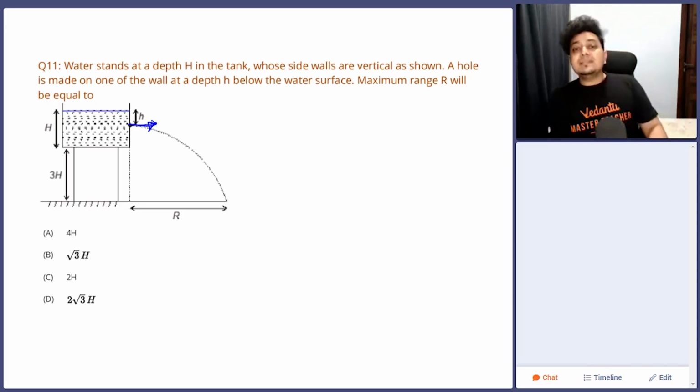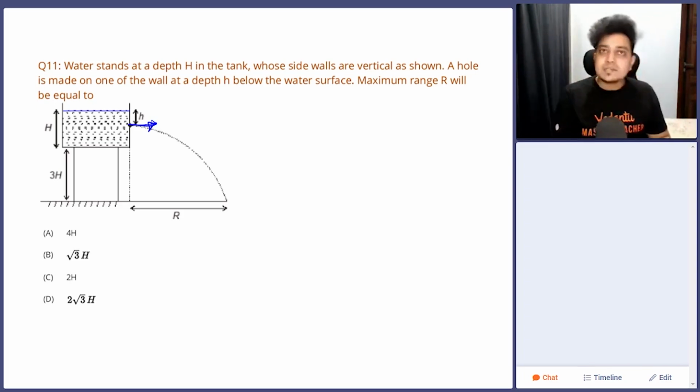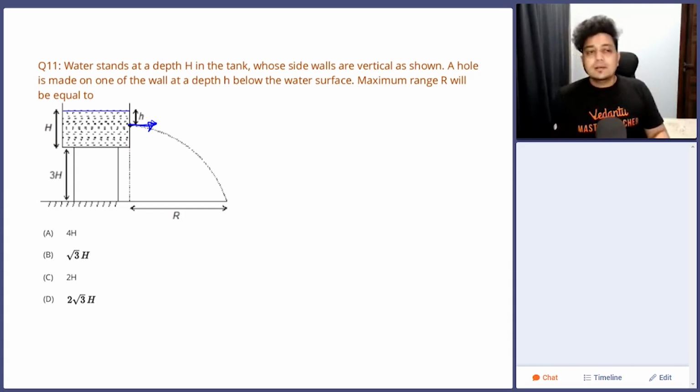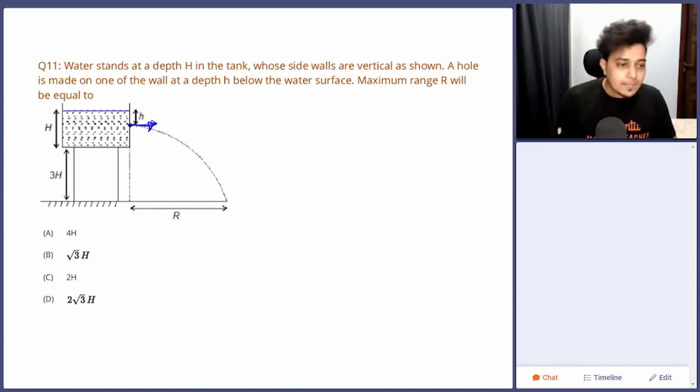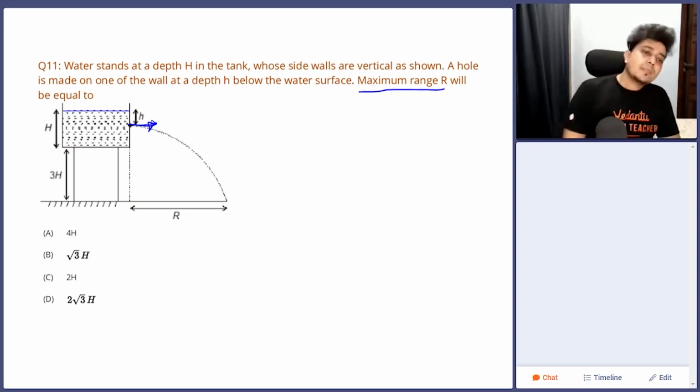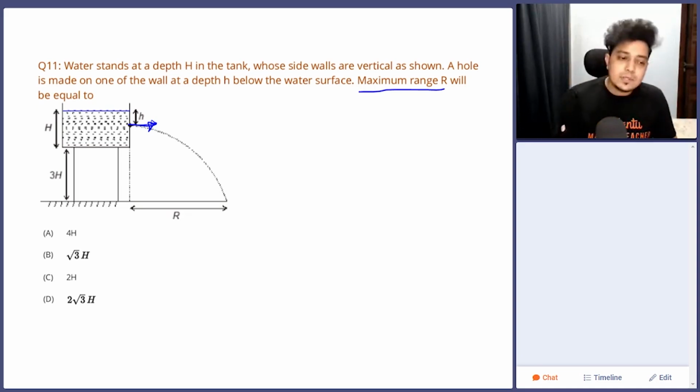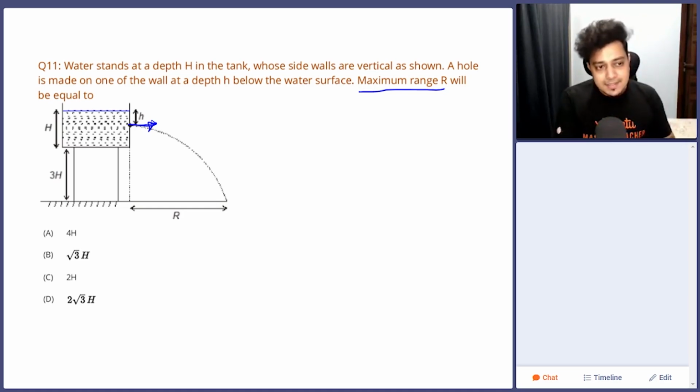So we have to maximize the range now. What should be the location where you should make the hole? In terms of H, we have to answer. What should be the small h value for maximum range? Now think carefully. A few of the options are not possible. We want to solve for small h. Remember that.